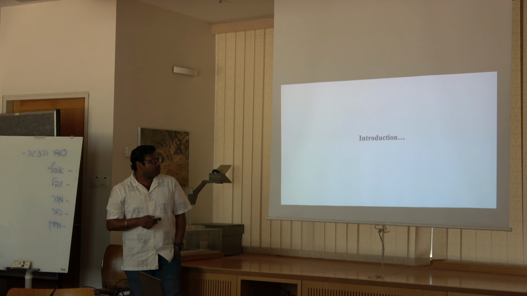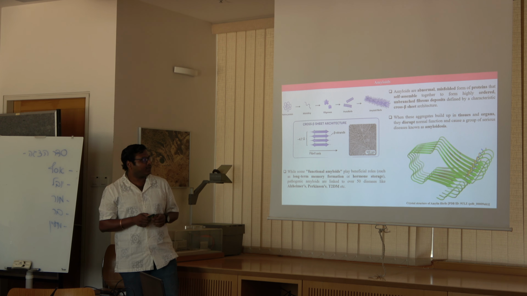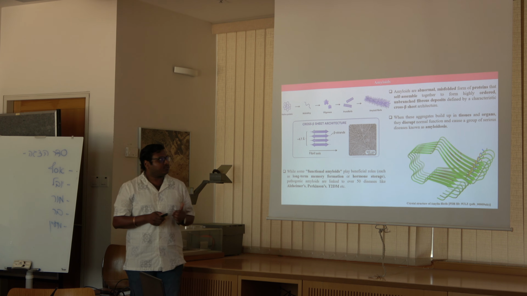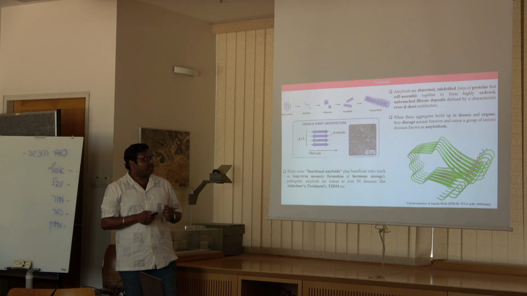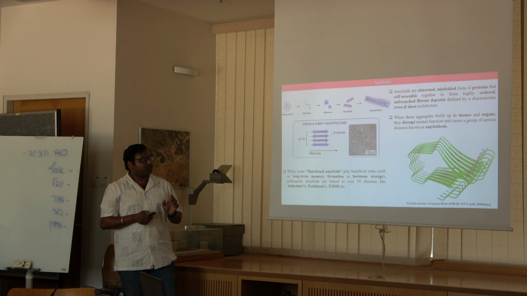To introduce the amyloids, I'll say a little bit about them. They are the abnormal or misfolded form of proteins, which are self-assembled forms of the proteins into highly ordered, unbranched fibrous deposits.